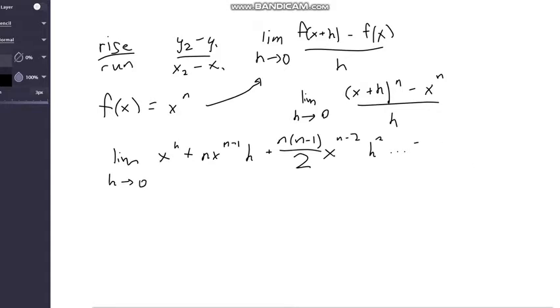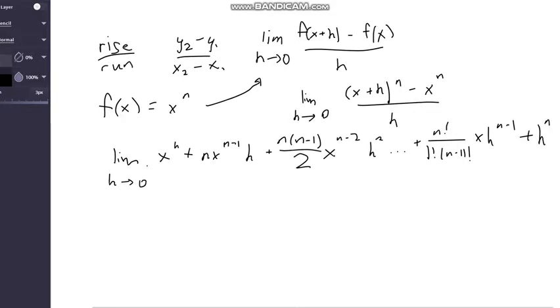So you don't really need to memorize this. It's just stuff to know, stuff to learn, new things. N factorial over 1 factorial times this x times h to the power of n minus 1, plus h to the power of n.